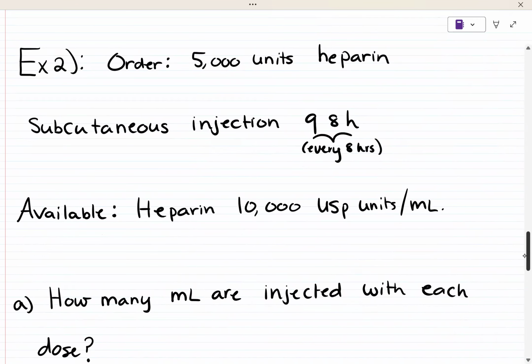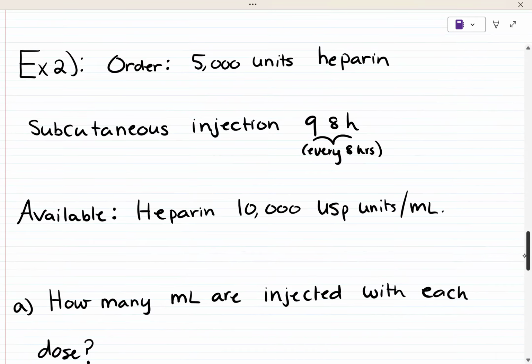Let me read the problem again. We have an order of 5,000 units of heparin, subcutaneous injection Q8H, every 8 hours, and our available is heparin of 10,000 USP units per milliliter. How many milliliters are injected with each dose?